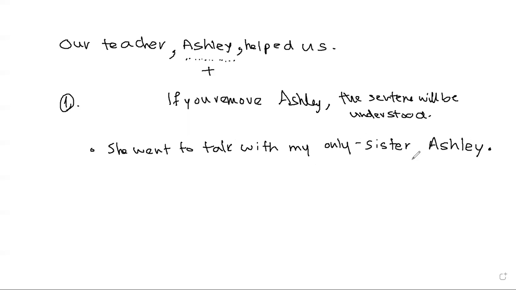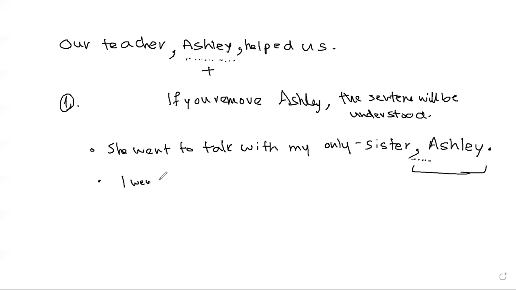Do we have to put a comma here or not? The answer is yes, we're going to put a comma because there's only one sister. And so removing that part doesn't make the sentence bad. In fact, it's understood.